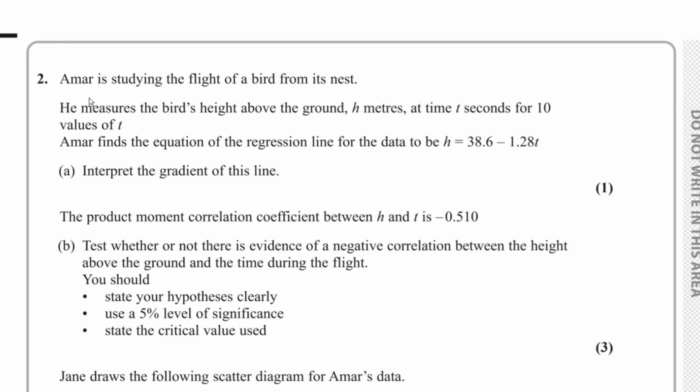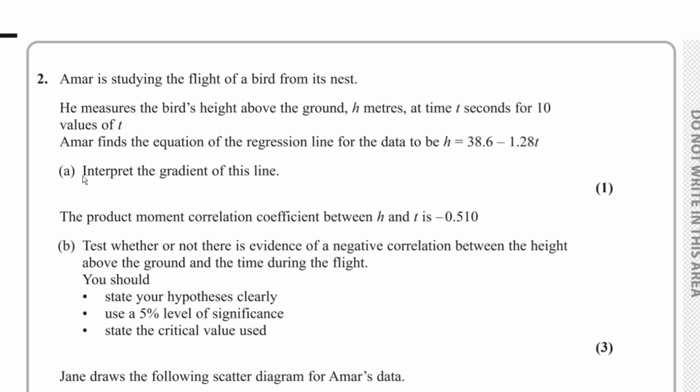Question number 2. Amar is studying the flight of a bird from its nest. He measures the bird's height above the ground, h meters, at time t seconds for 10 values of t. Amar finds the equation of the regression line for the data to be h equals 38.6 subtract 1.28t.